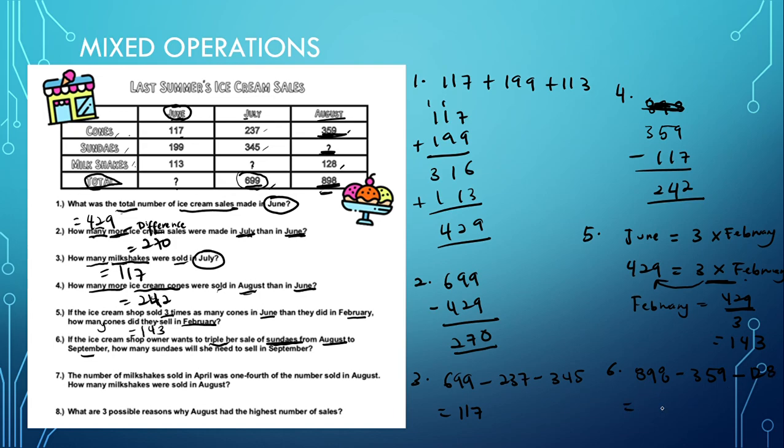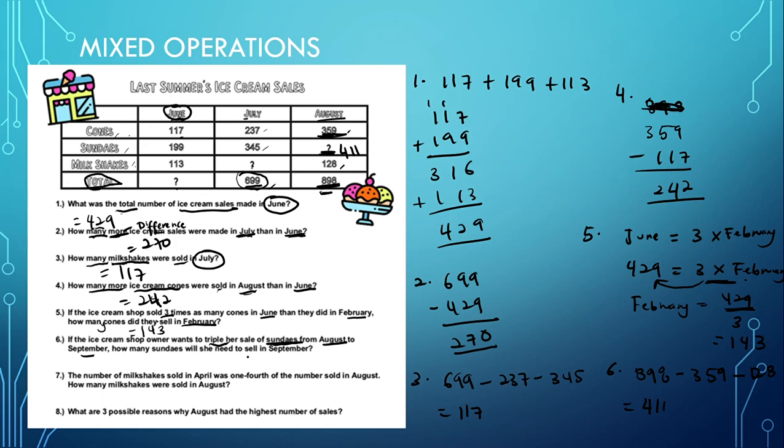So you will get the answer for your sundaes, which is 411.